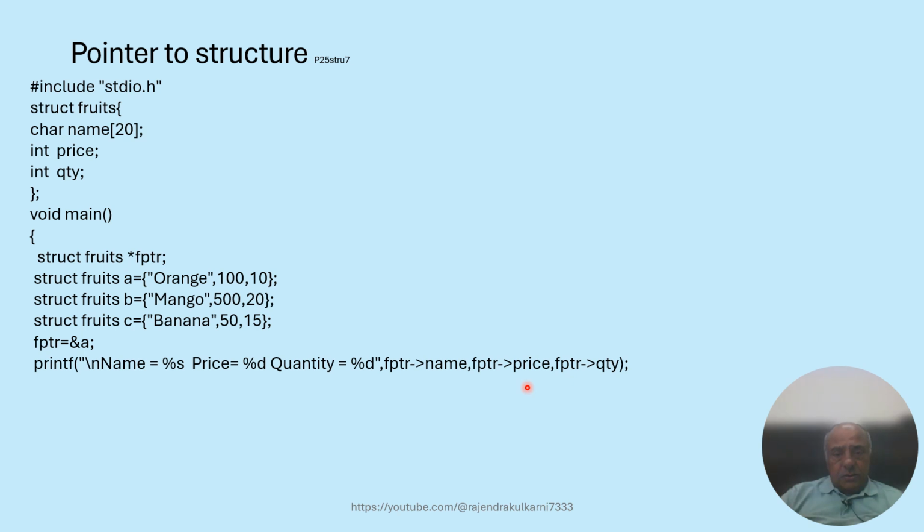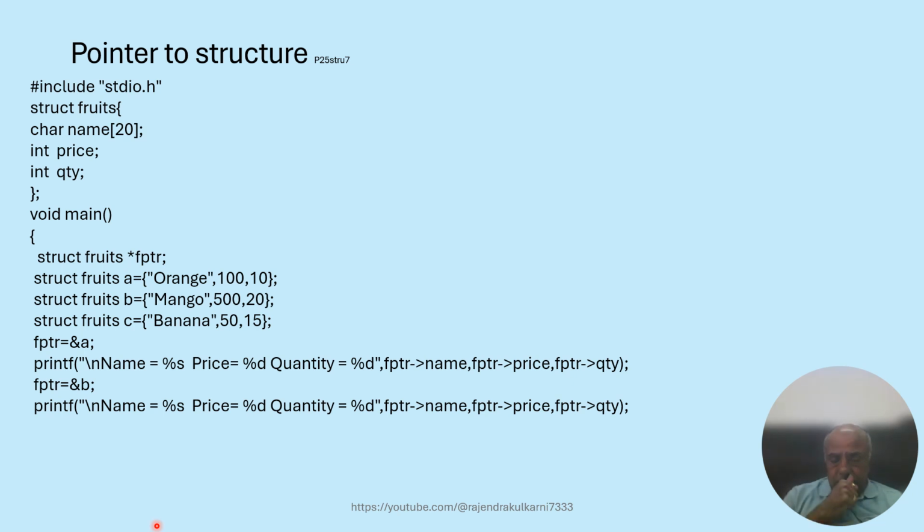This fptr arrow price will give us the value assigned to price for the structure variable A, and fptr arrow qty will access the qty member of struct fruits and will display the value assigned to that particular member variable of struct fruits.